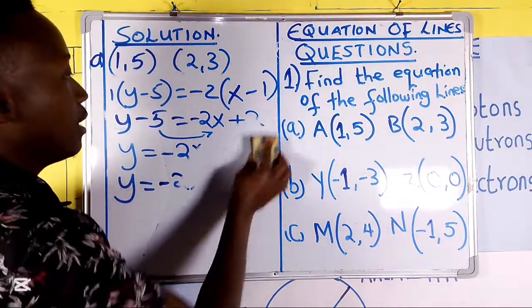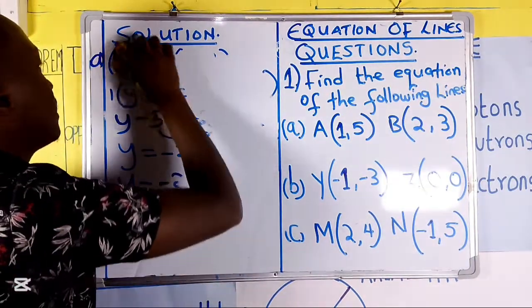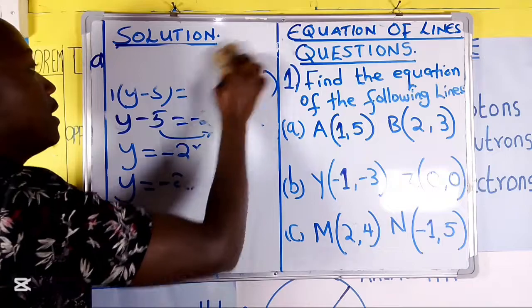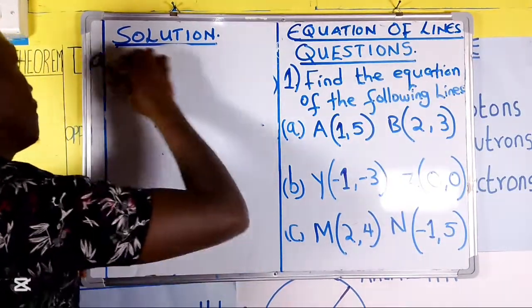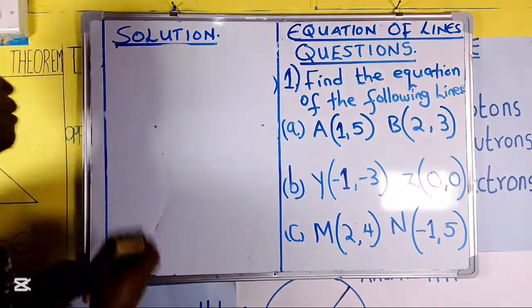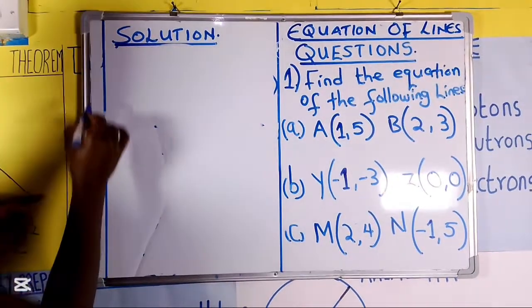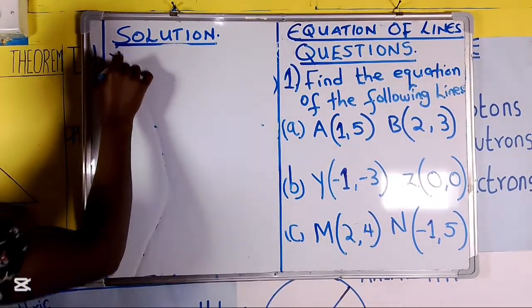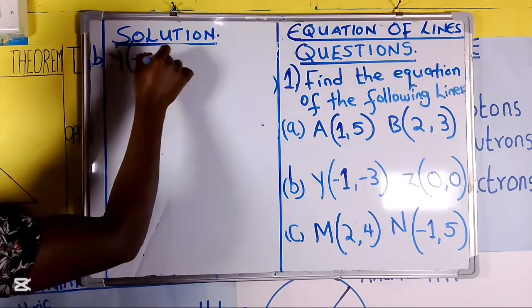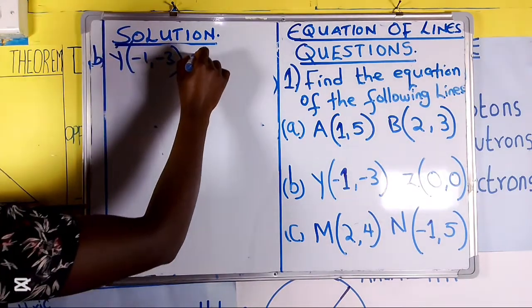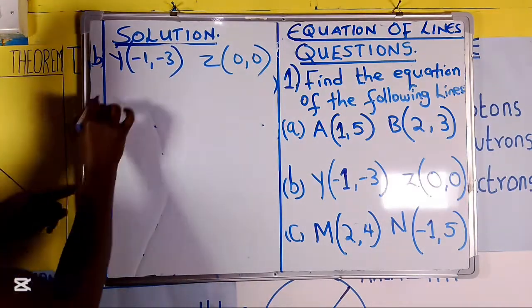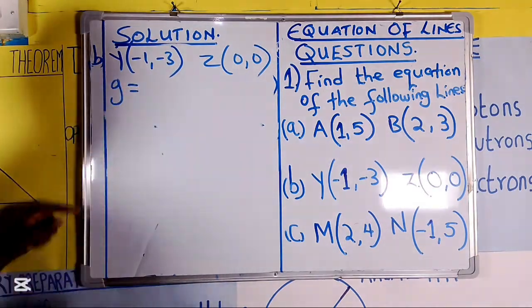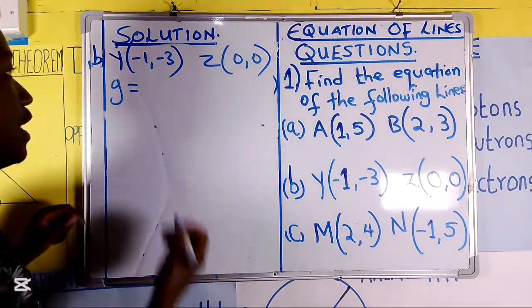Let us proceed to the second example on determining the equation of a straight line. Given B as (negative 1, negative 3) and the other point as (0, 0), which is the origin, for us to determine the gradient, we said it is change in y over change in x.